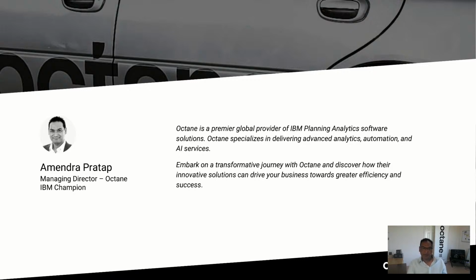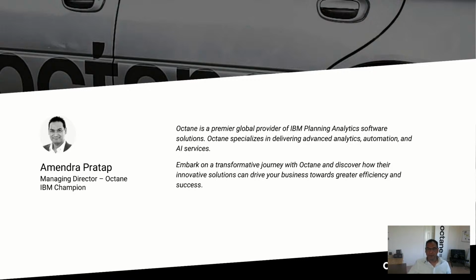A bit more about Octane. Octane is a premier global provider of planning analytics software solutions. We're headquartered here in Sydney, but we have teams and staff in all cities in Australia. We've got 4 offices in India, an office in Dubai, Fiji, and we've got staff working 24/7 supporting our global clients with their TM1.